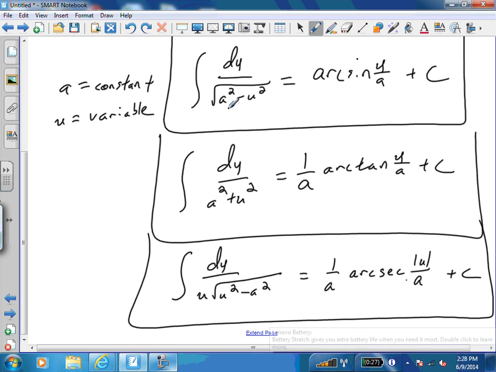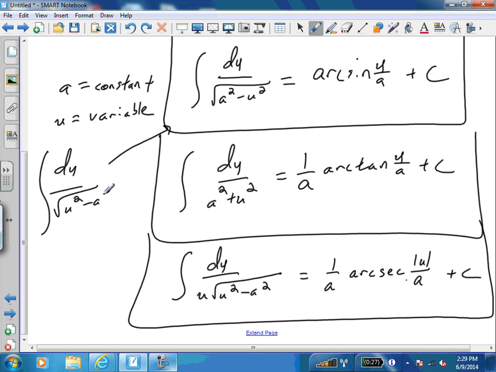So in this first one, we have the square root of a constant minus a function. On this bottom one, we have the square root of a function minus a constant. And that's important. We can't just factor out, that's the same thing, because it's not.